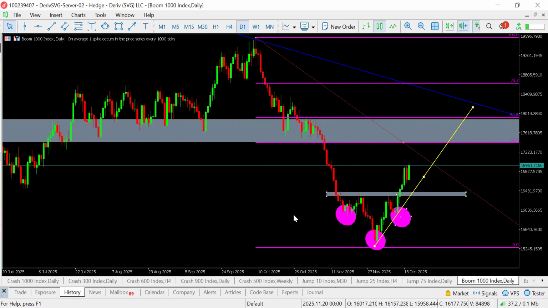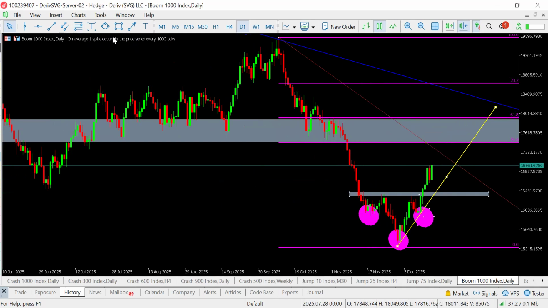Now, to trade an inverse head and shoulder pattern, let me just quickly explain that. If we have the neckline, all we need to do to trade an inverse head and shoulder pattern is to wait for price, having taken out the neckline, to come back and do a retest of this neckline.